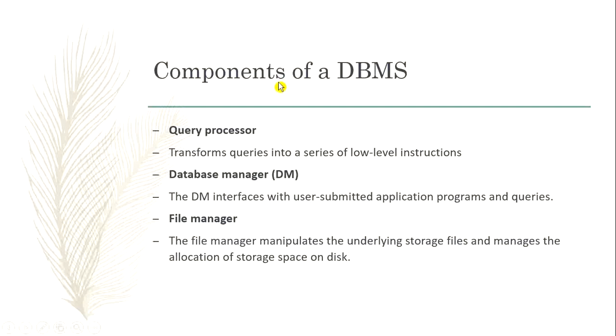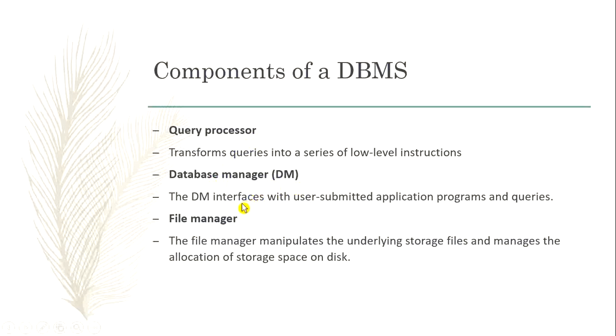Now, what are the different components of a DBMS? We know that database management systems are very complex systems that should provide all the functionalities that we have discussed before. So the basic components of a DBMS are, first, the query processor. It transforms queries into a series of low-level instructions. Whenever we want to access the database, we write queries, and that query is converted into low-level instructions by the query processor.